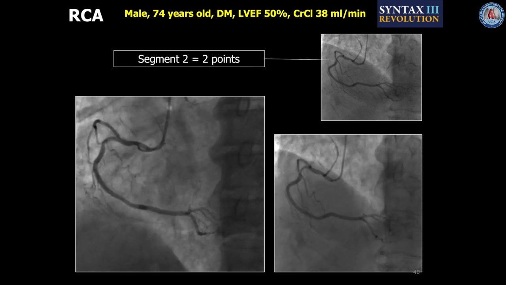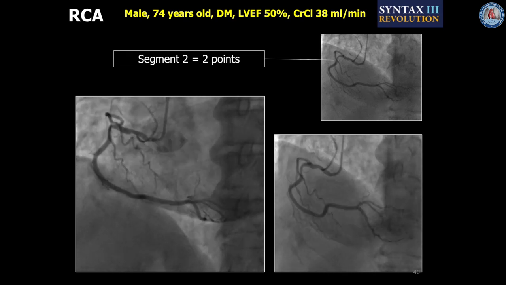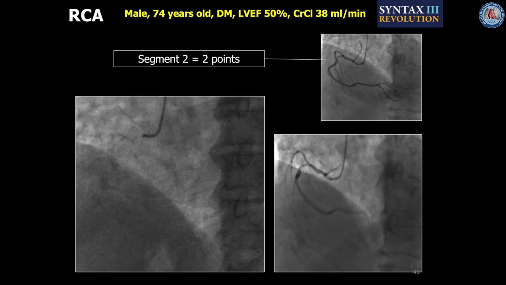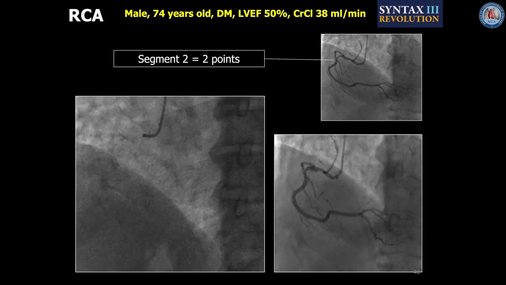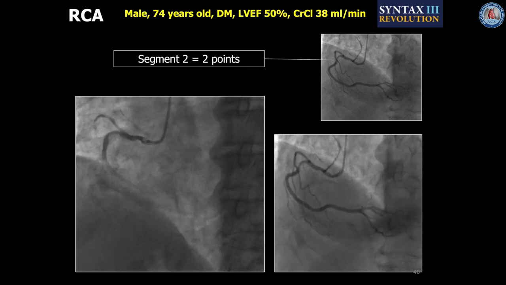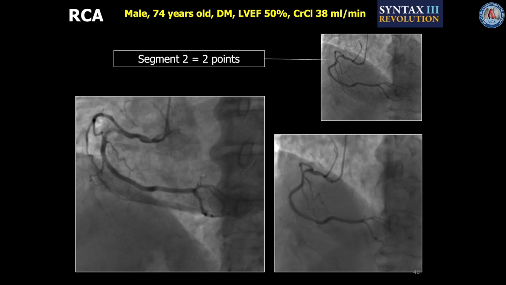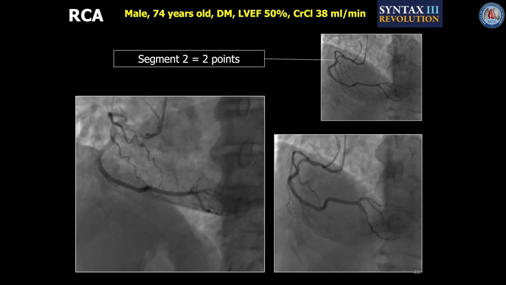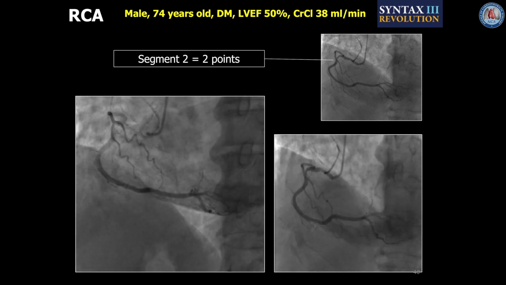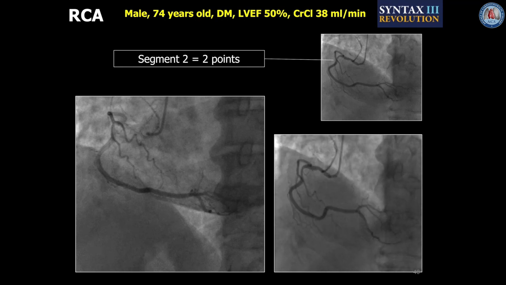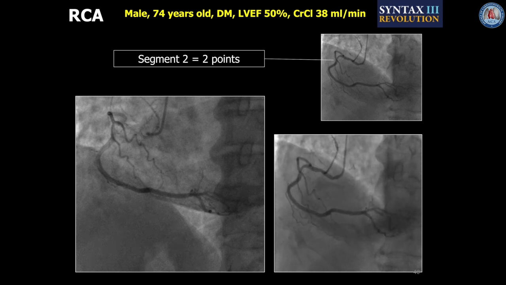The injection of the right coronary artery, if you look carefully at the guiding catheter of the diagnostic catheters, there is a backflow, so it's not a very severe ostium lesion if there is an ostium lesion, and the proximal part of the right coronary artery nevertheless was scored with 2 points.